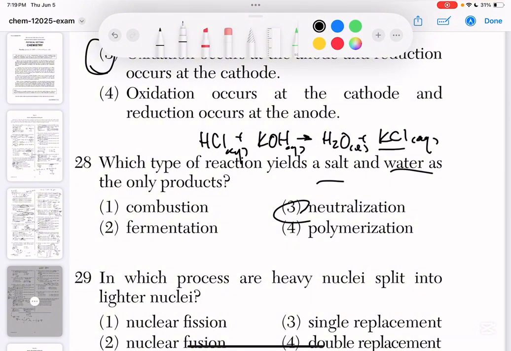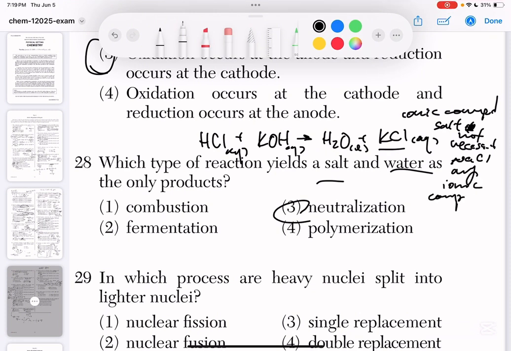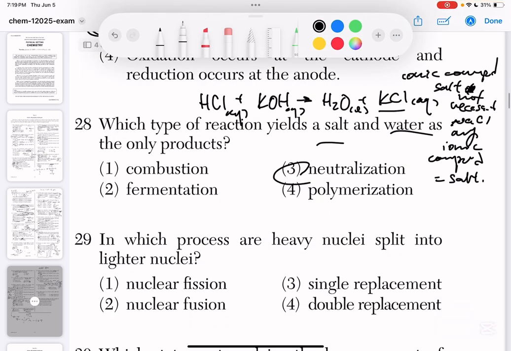Because this is an ionic compound, right? A salt doesn't necessarily have to be NaCl. Any ionic compound is a salt. So yeah.